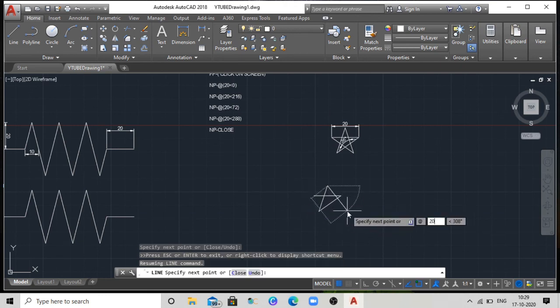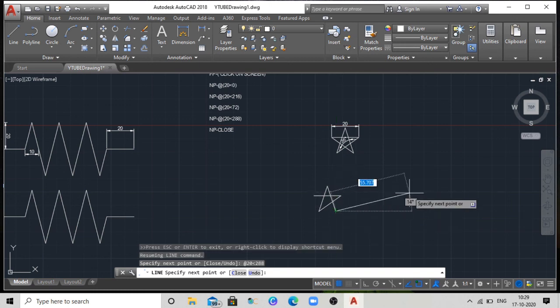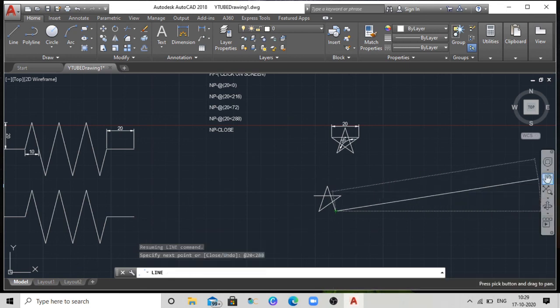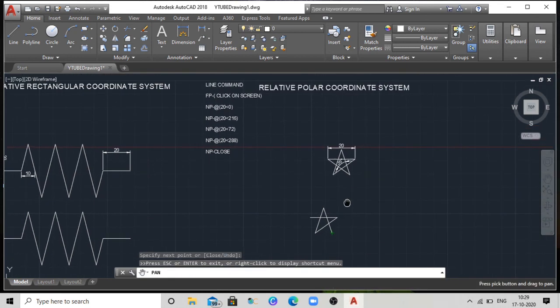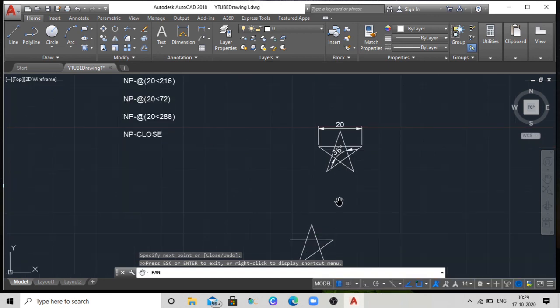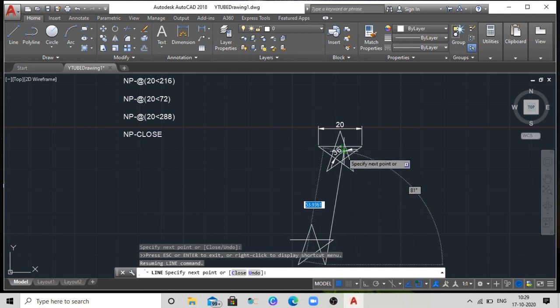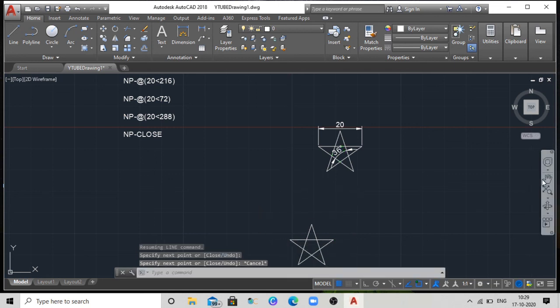Again shift @20<288. How did I get 288? Because the whole angle becomes 360 degrees. 360 degrees minus 36 is 288. Then the last point will be the closure point.